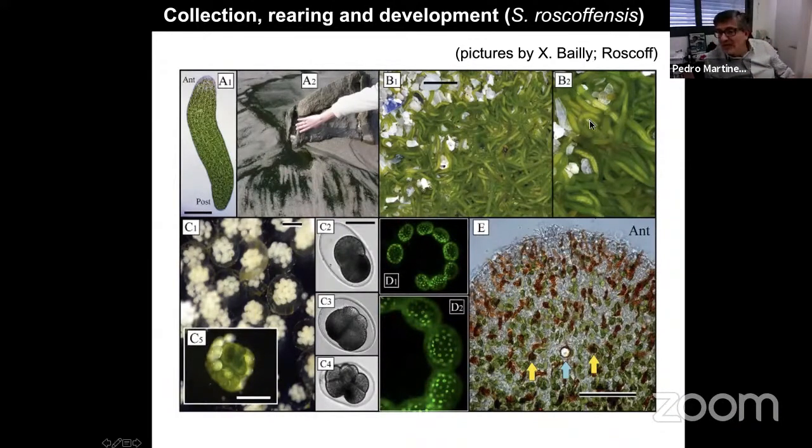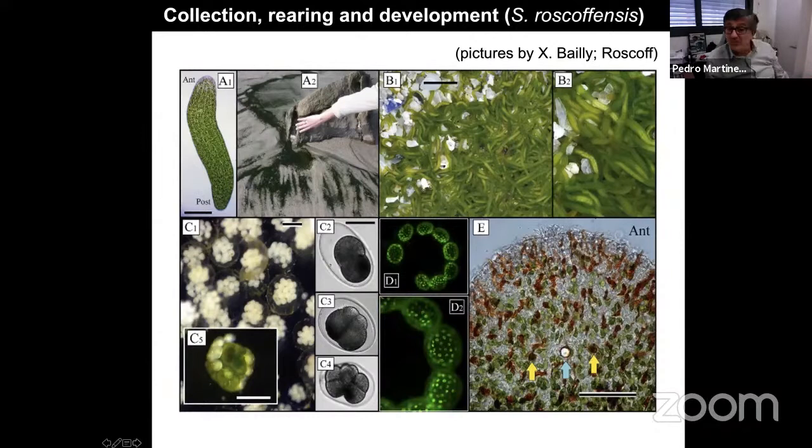Normally, during the winter, they will be spawning eggs in the form of cocoons, 15 to 20 embryos synchronized inside each cocoon. And eventually when they hatch, they will get the algae that makes them green from the environment. So all of these little dots in the figure are algal symbionts.